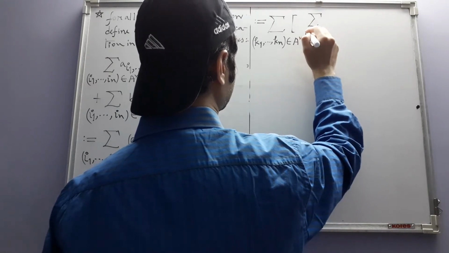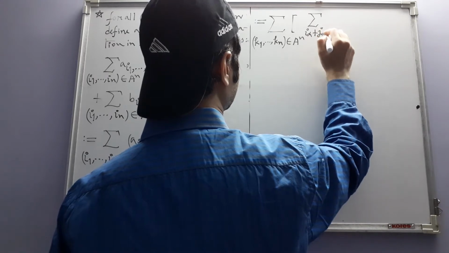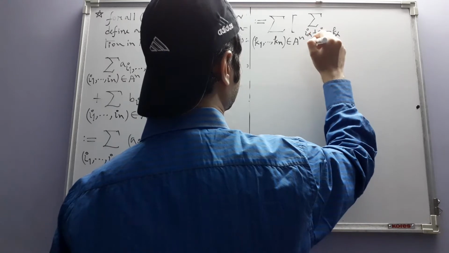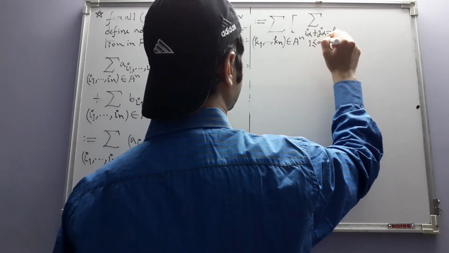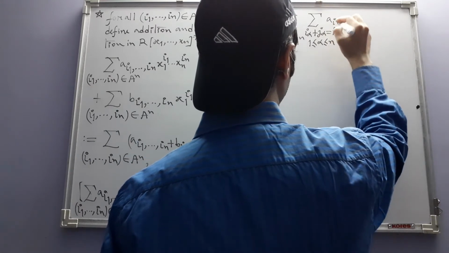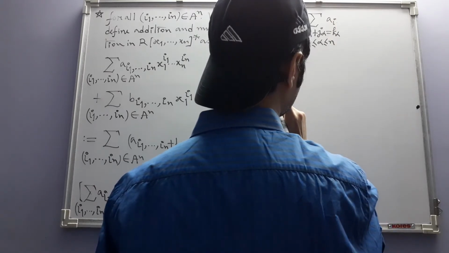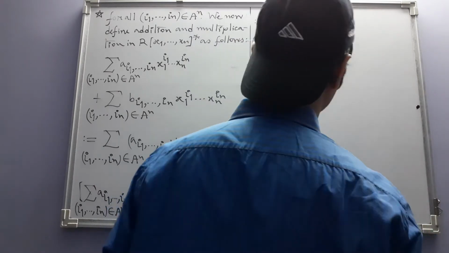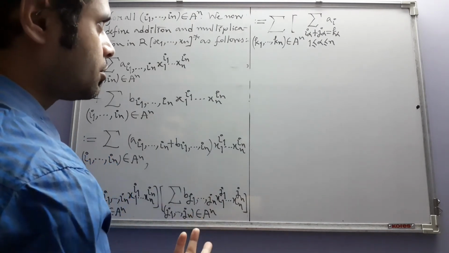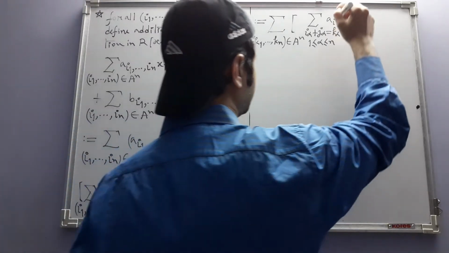Summation, i alpha plus j alpha is equal to k alpha. Alpha varies from 1 to n. Ai, okay, we are taking alpha, no? So that means there also we have to take alpha. Oh, because alpha is varying from 1 to n, fine.